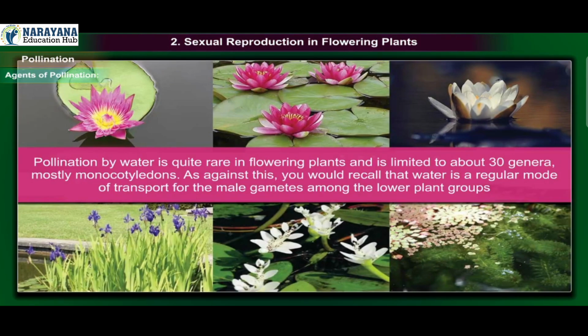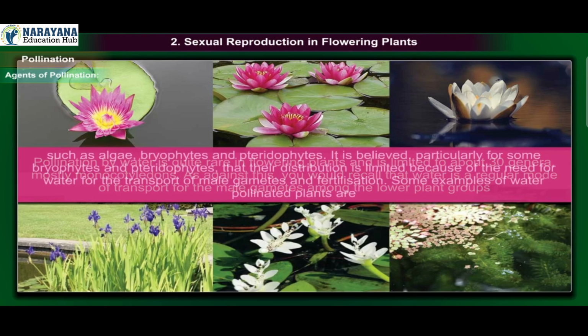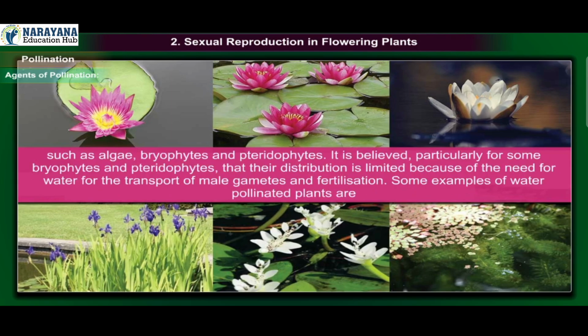Pollination by water is quite rare in flowering plants and is limited to about 30 genera, mostly monocotyledons. As against this, you would recall that water is a regular mode of transport for the male gametes among the lower plant groups such as algae, bryophytes, and pteridophytes.